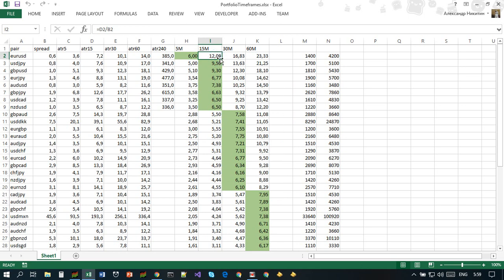The next factor that I use to select pairs to include in my portfolio is the correlation, of course. If you pay attention to dollar Danish krone and dollar Swiss franc, they are basically absolutely identical pairs. If you have a bull Gartley on one, you will have a bull Gartley on the second, and they are mirrors of euro-dollar. If you have a bull Gartley on euro-dollar, you will have a bear Gartley on these two.